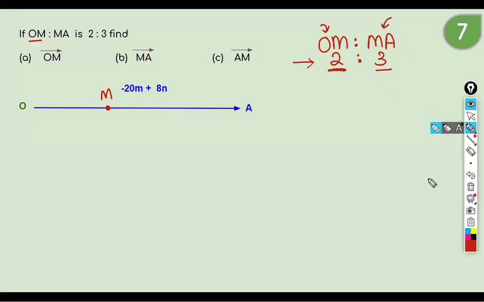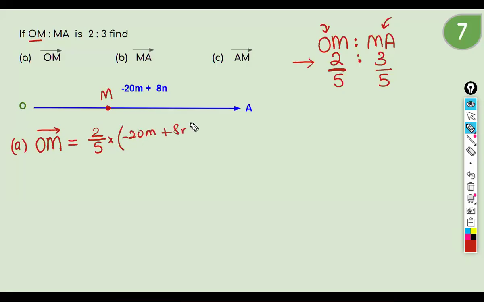What about the fraction? If the ratio is 2 to 3, 2 plus 3 is 5. So that means OM is really 2/5 of the line and MA is really 3/5 of the line. Let's do part A. To find OM, remember OM is what fraction of the entire line? 2/5. What's the value of the entire line in this direction? Minus 20m plus 8n. So to find OM, just take 2/5 and multiply by minus 20m plus 8n.